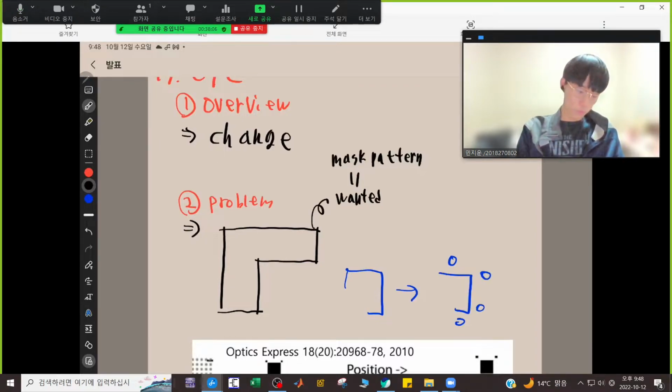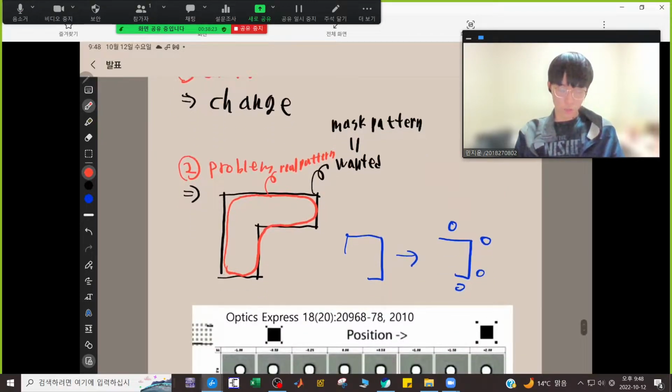After lithography, we get the real pattern. In the real pattern, the edge is rounded, because when we expose the light, the light has diffraction.